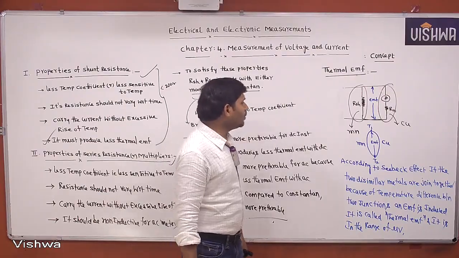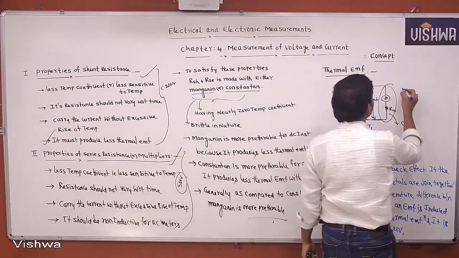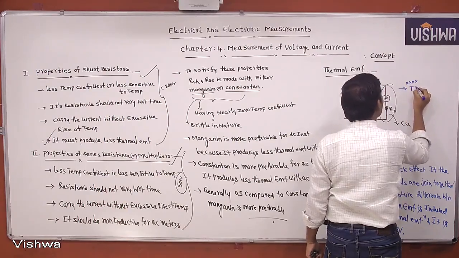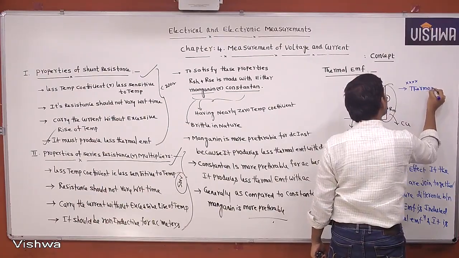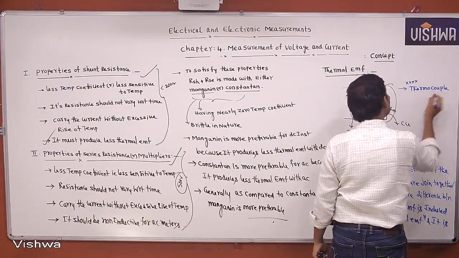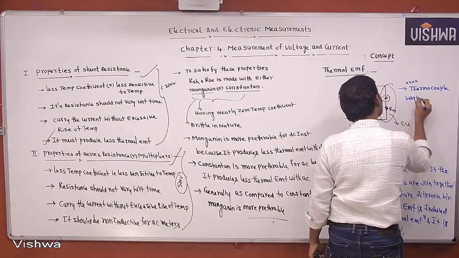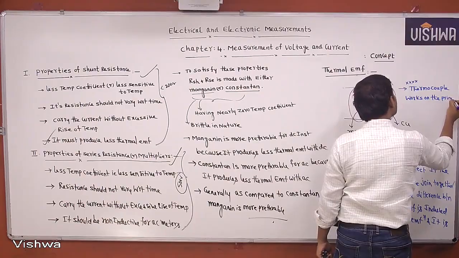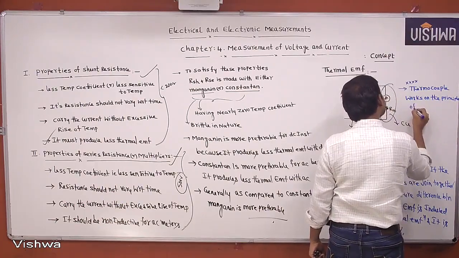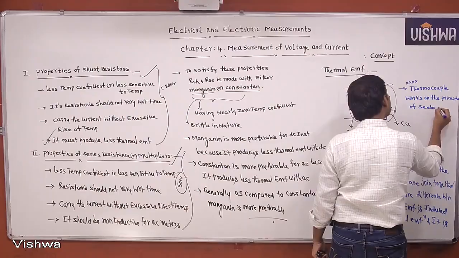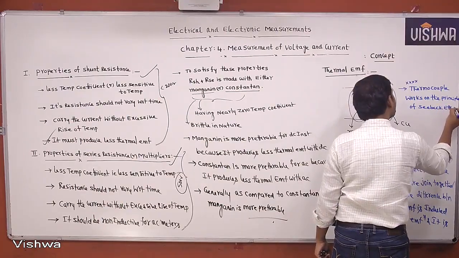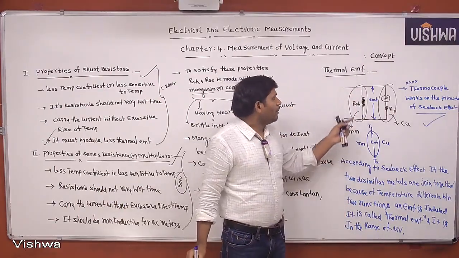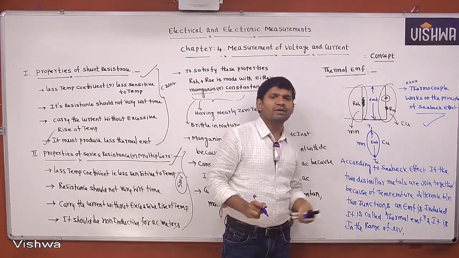But a point to remember, an important point: a thermocouple works on the principle of the Seebeck effect. That's the reason why the material which produces less thermal EMF is preferable.